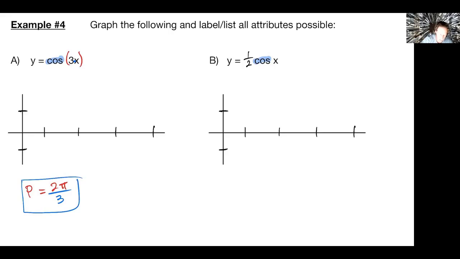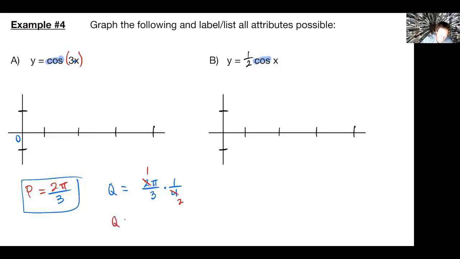And if that's our period, we can then use that to find our quarters and how long each of those will be, starting, of course, at 0 radians. So quarters, all I'd have to do is take that 2 pi over 3 and cut it into fourths. And since we're multiplying, we can do some canceling, 2 into each of those.